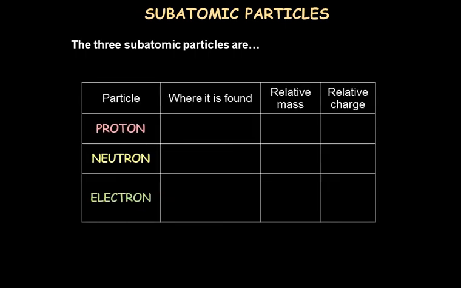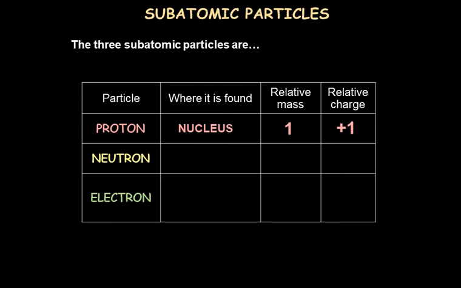So from this basic structure of atom, we can say that there are three subatomic particles which are protons, neutrons and electrons. Now where are these protons, neutrons and electrons found in the atom? So proton is found inside the nucleus. Now let's learn something additional about proton, neutron and electron.